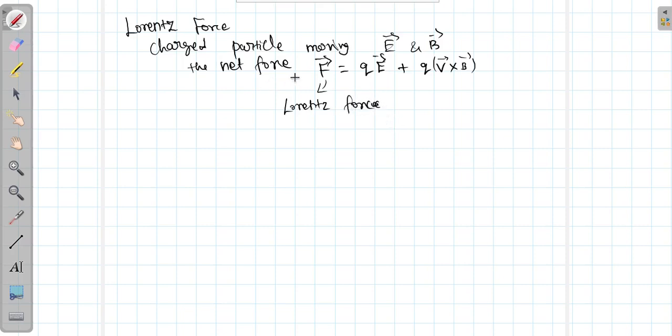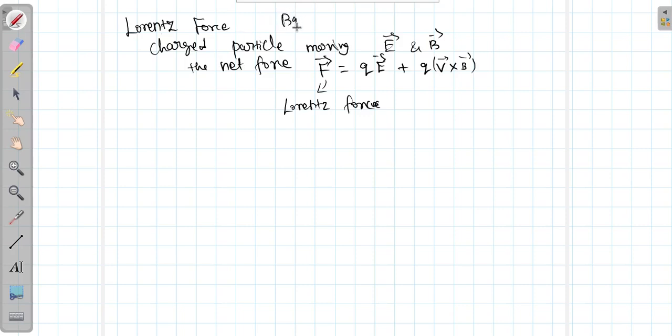So it is the combined effect of electric force and magnetic force. Together it is called the Lorentz force, but we have only this particular topic, so no further explanations here. Sometimes they simply call the magnetic force BQV the Lorentz force also.